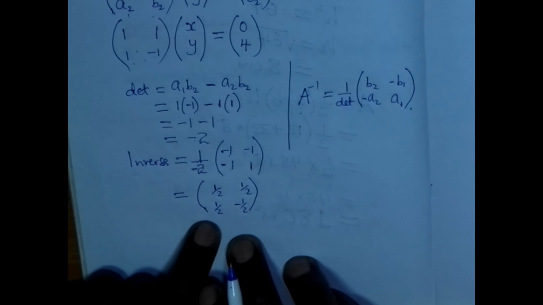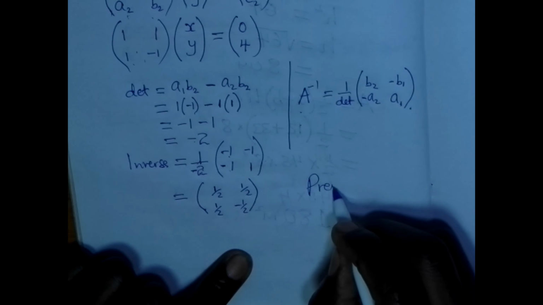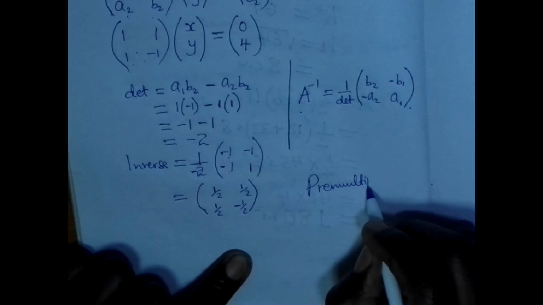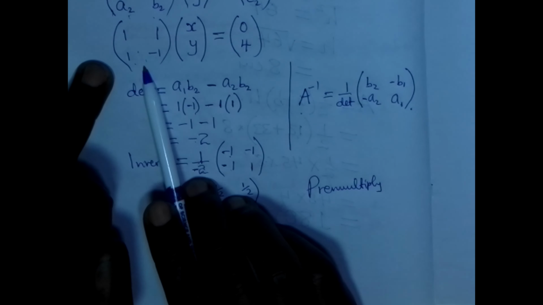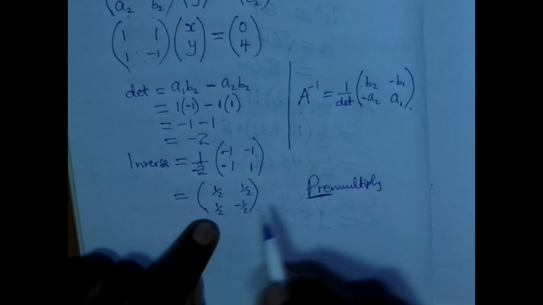So this is our inverse of the matrix, and therefore we are going to pre-multiply both sides of the matrix equation by the inverse. When we say pre-multiply, the inverse should come before.